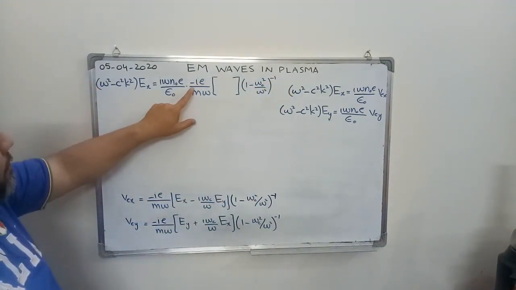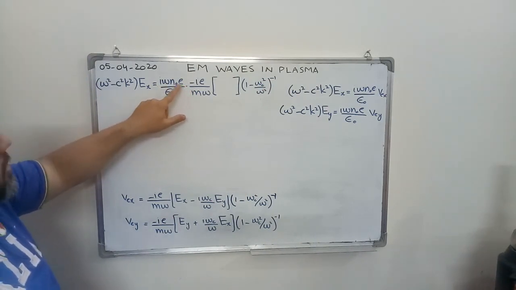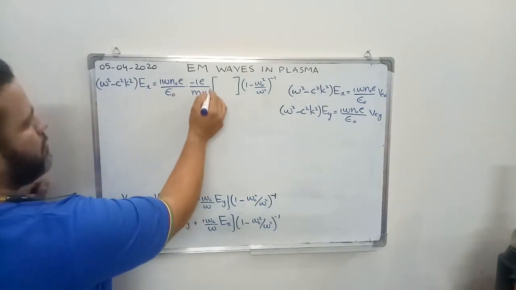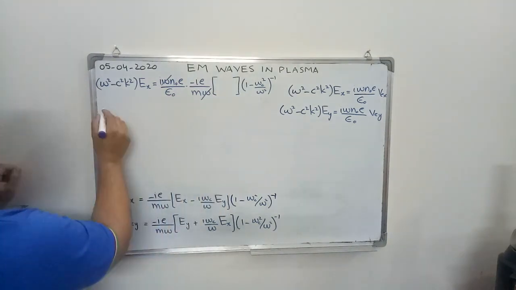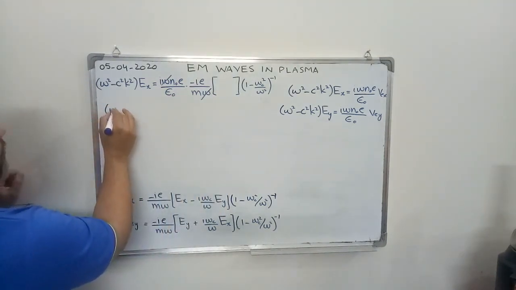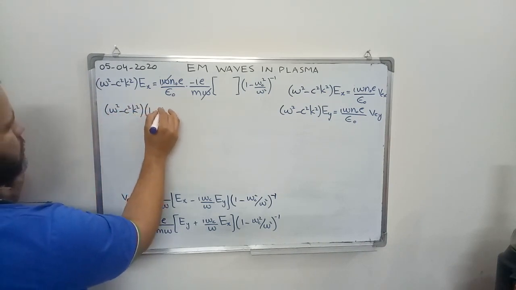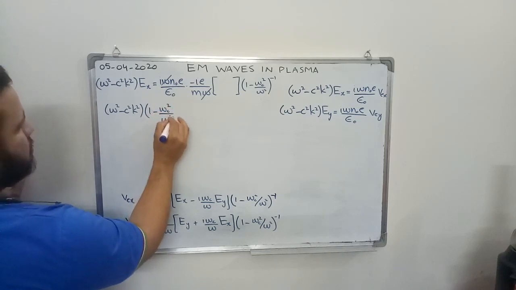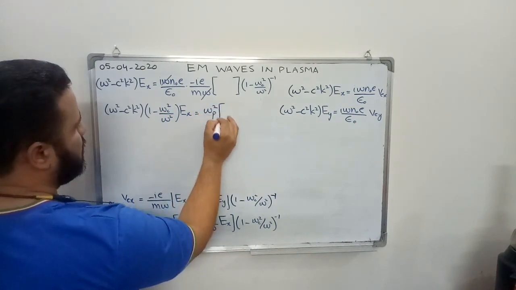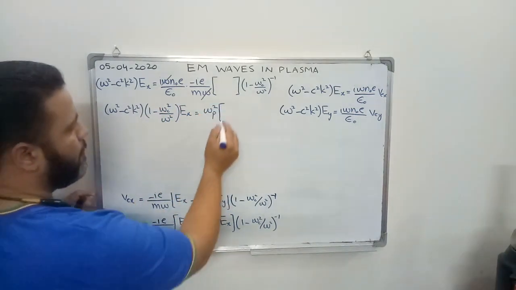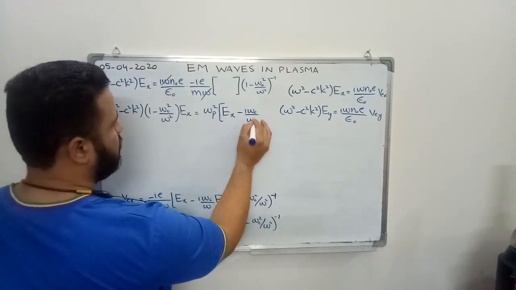From here you can see that minus iota and iota give a plus, and n naught e squared by epsilon naught m gives the plasma frequency, and omega cancels out. Taking this term to this side, we have omega square minus c square k square times 1 minus omega c square by omega square Ex equals omega p square, and what we have in the bracket here is Ex minus iota omega c by omega Ey.